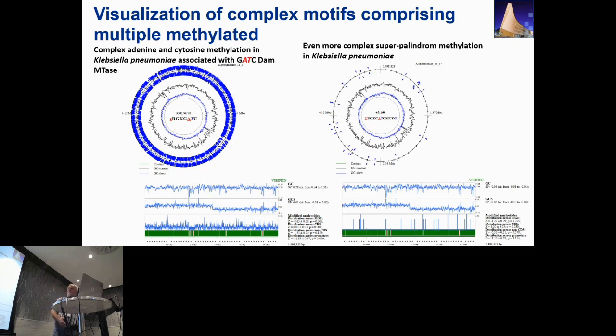And this is a palindrome, so it's always placed like this. You can see, but what we found interesting is an additional modified cytosine here. It's actually very uncommon for methyltransferases to methylate both cytosine and adenine at the same time. But it was not found for Dam methyltransferase. Dam methyltransferase is not associated with restriction modification systems.